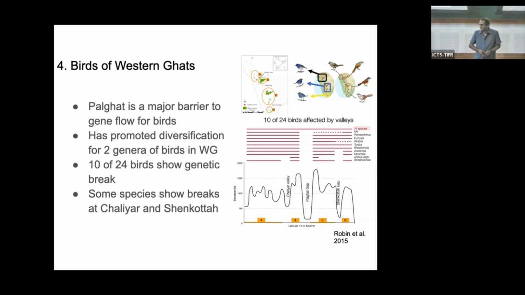Okay. So I'm assuming Palghat Gap is as old as Western Ghats? Yeah. It's a technical question because remember I was saying that Palghat Gap is formed by these uplifts. Yeah. So Palghat Gap happens to be a shear zone, which means that there is a crack in the plate.